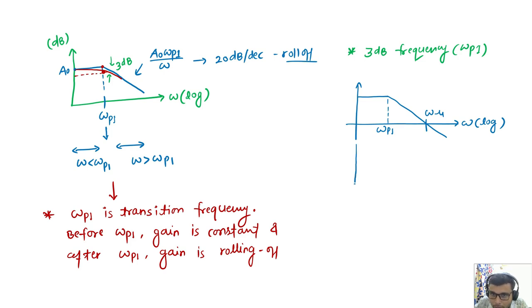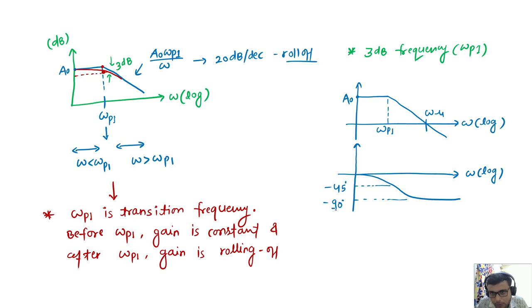As the first pole comes at omega p1, my angle starts at 0, reaches minus 45 here, and after much larger frequency, after omega p1, it reaches minus 90.